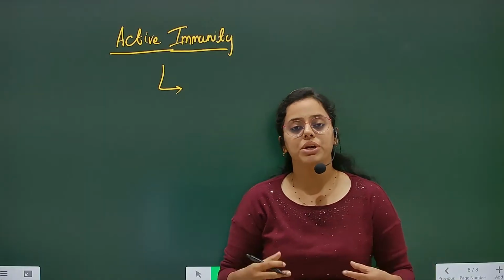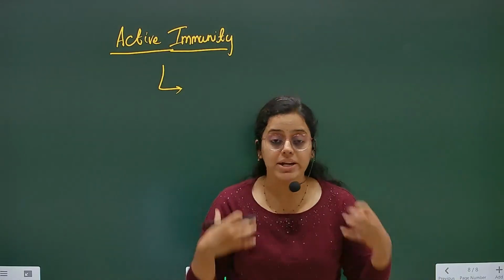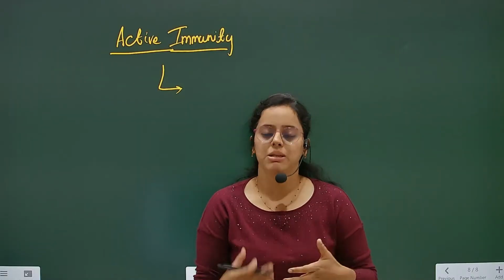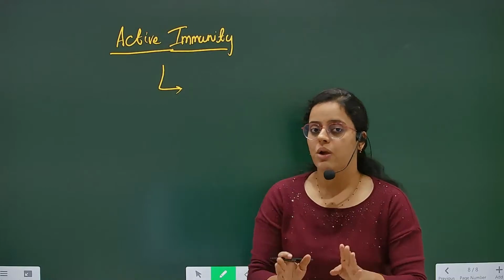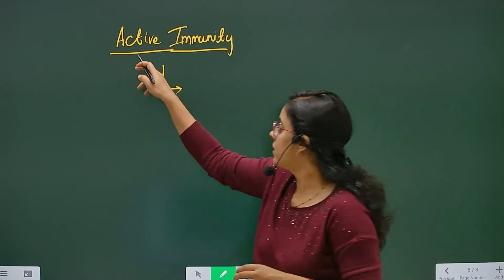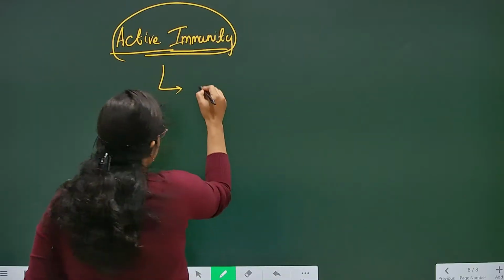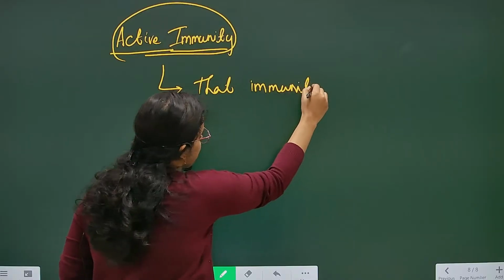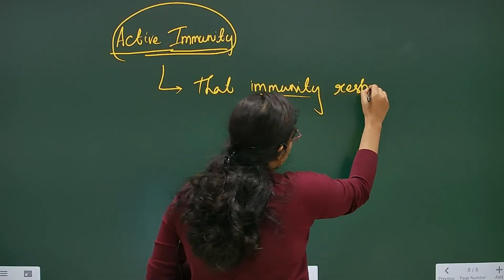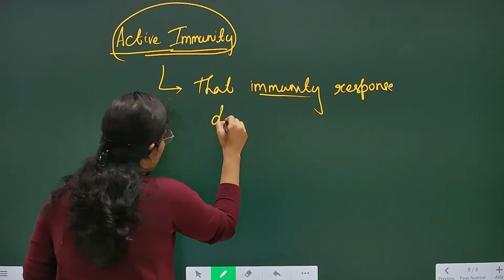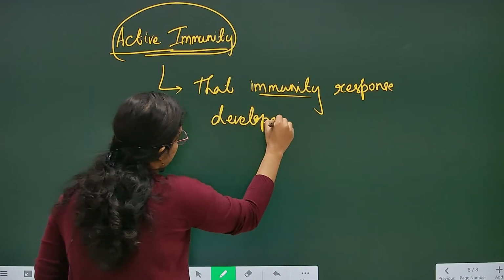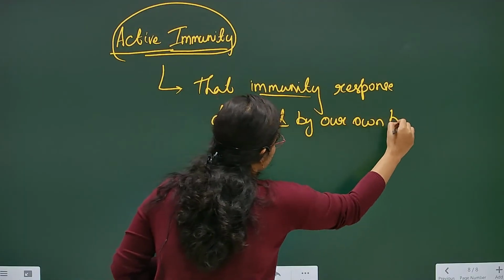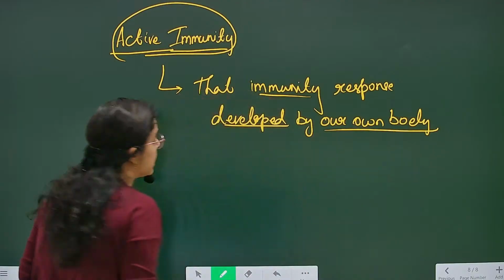That means the immunity developed by our own body, our own defense system, by T lymphocytes and B lymphocytes, is called active immunity. What do you understand by active immunity? That immune response developed by our own body is called active immunity.